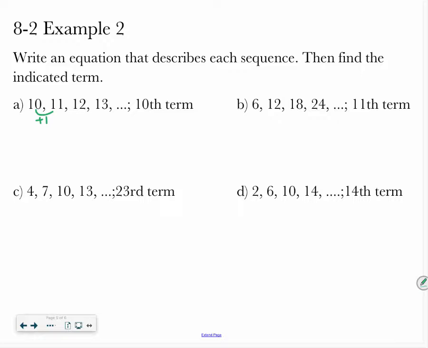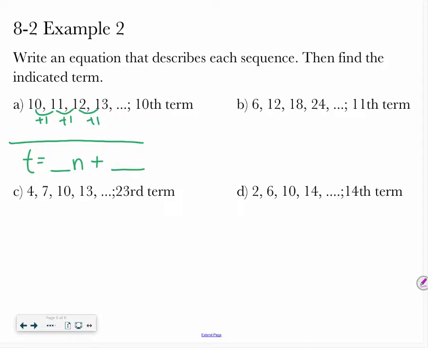So I see I am changing by 1 each time. Now, how do you write an equation for this? You start with t equals, you're going to have a number times n plus a number.